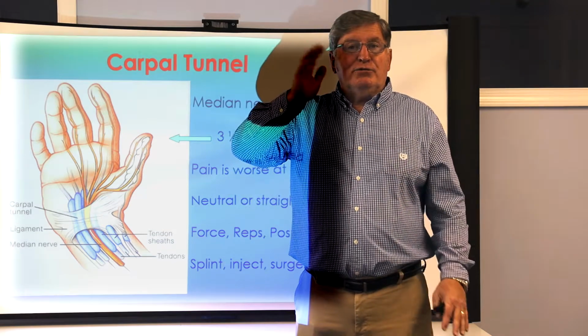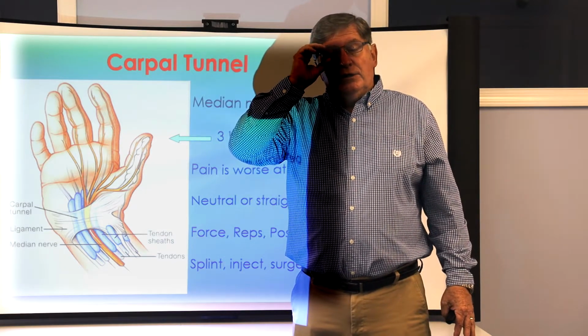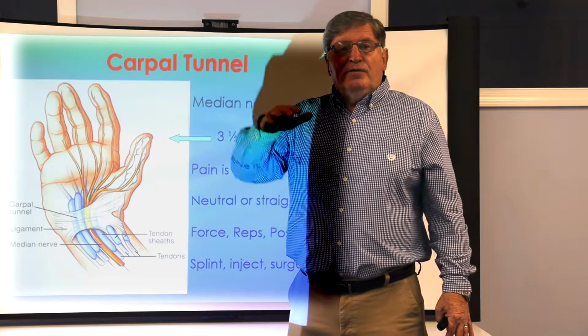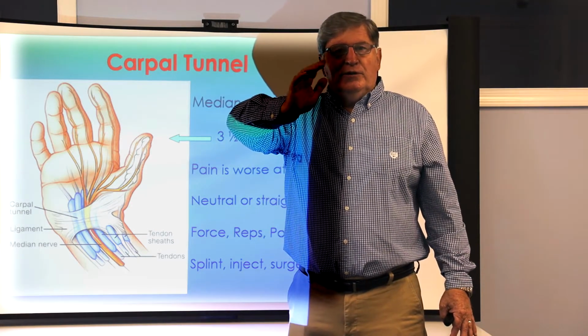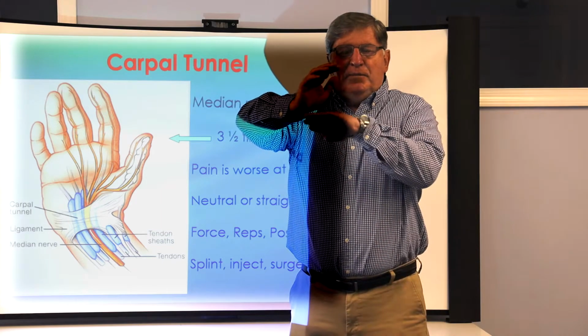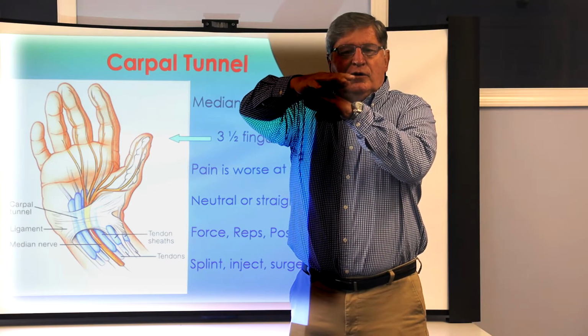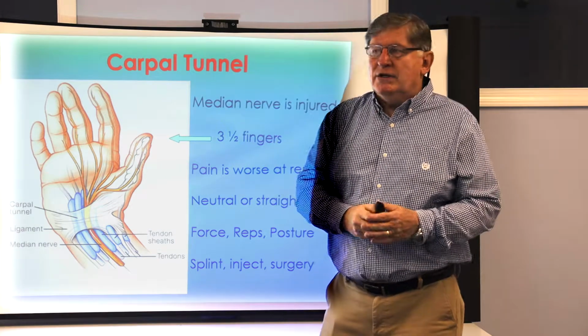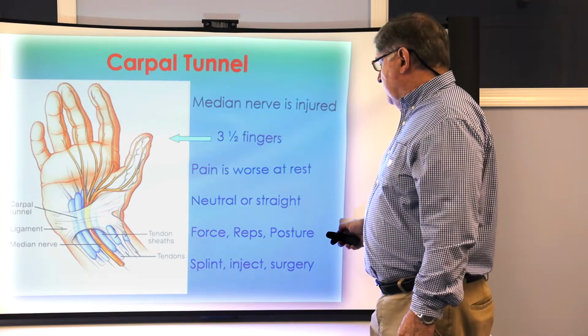The other thing is the straight wrist. That's a fairly simple one to correct, because if you find yourself dropping your wrist when you type on your keyboard, get the little pad that you put in front of your keyboard, and it raises your wrist and won't allow you to drop your wrist into that extended position.